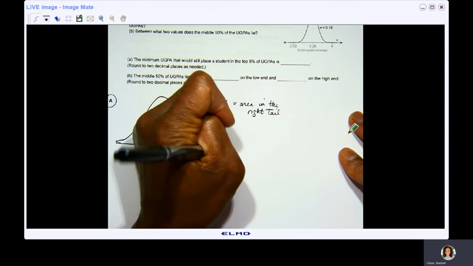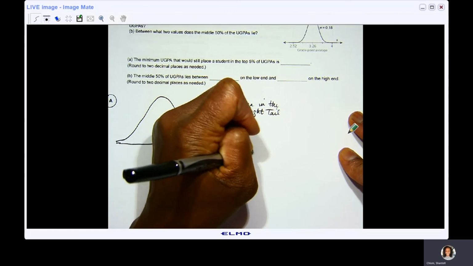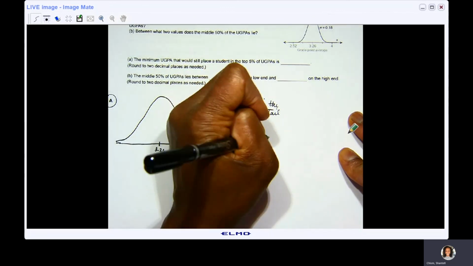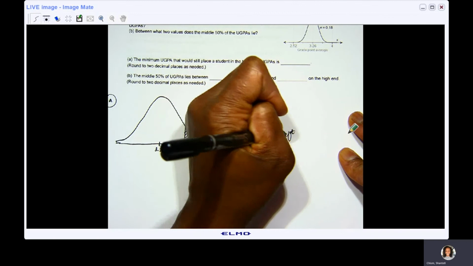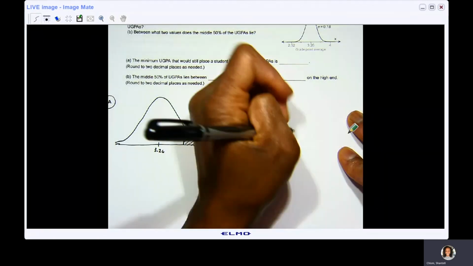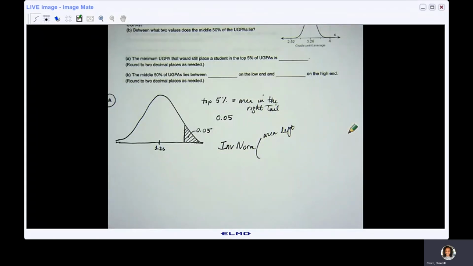Now, when I get ready to use inverse norm, though, I have to use the area in the left. Okay, area in the left tail, or the area to the left. So, very easy to do. I need you to think about it. These areas under these bell-shaped curves, the area under the normal curve, represent probabilities. And what have we been saying the sum of all probabilities is? 1.